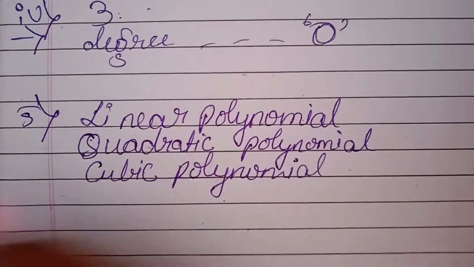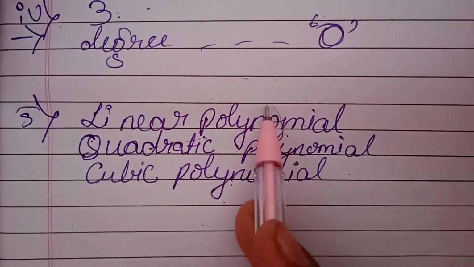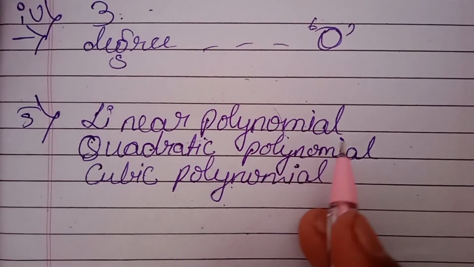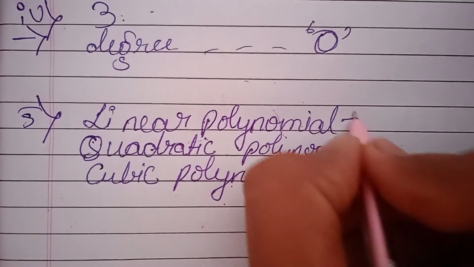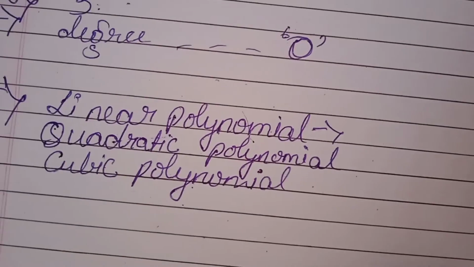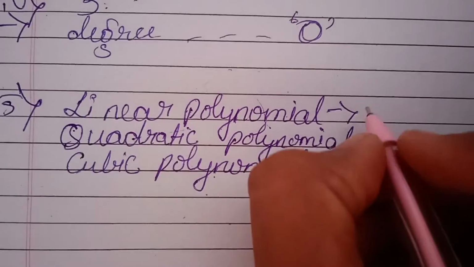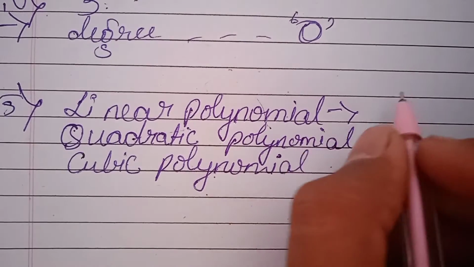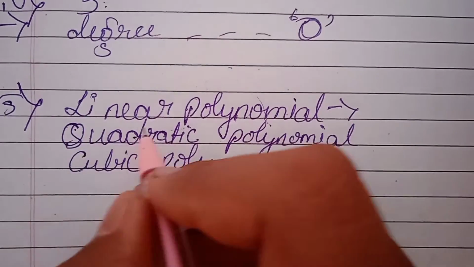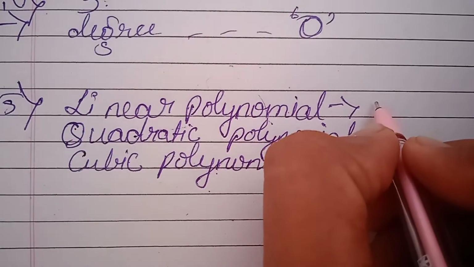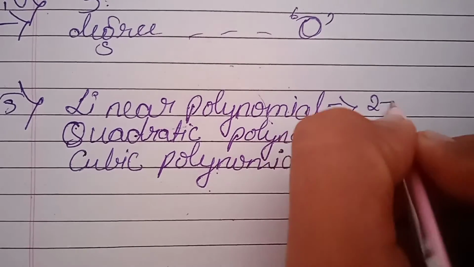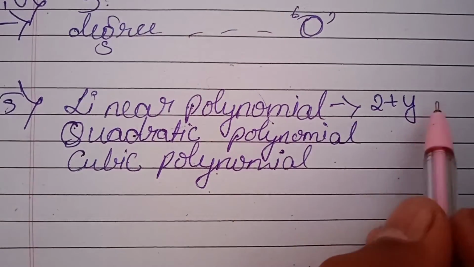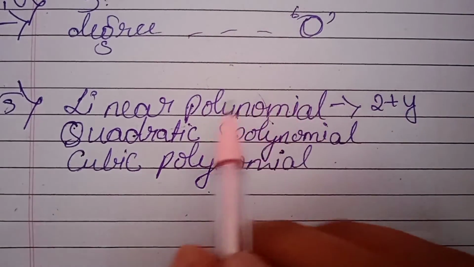Okay friends, linear polynomial means that in the expression the degree, the power or the exponent, will come as 1. It is called a linear polynomial. For example, y plus 5. There is no square, no cube, there is nothing.